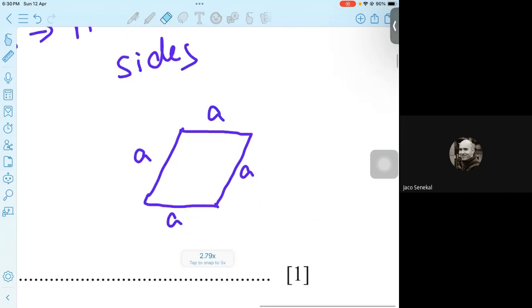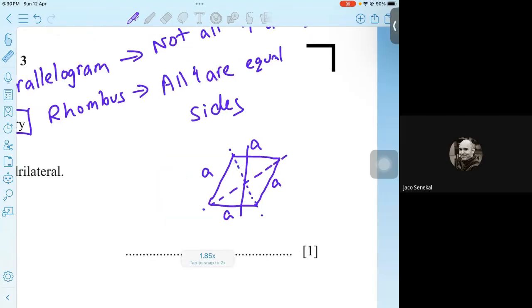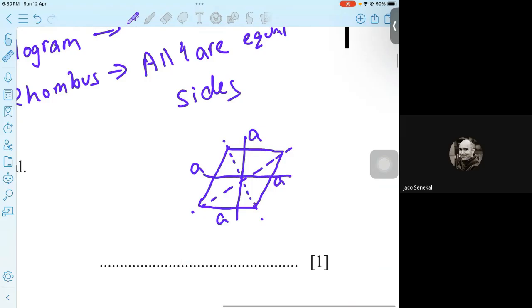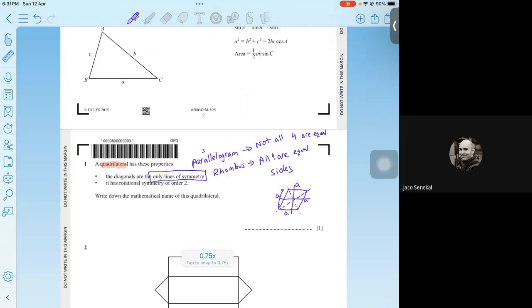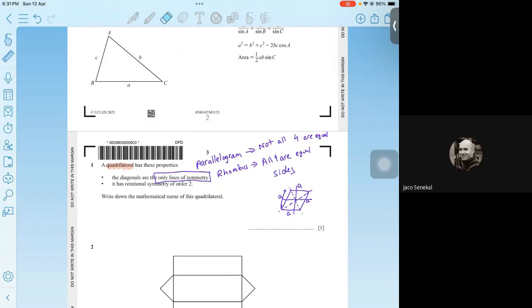However, for a rhombus, if you use this one as a line of symmetry and you fold this, you'll get the exact same shape in return. As well as for this side, if you fold this, you'll get the same shape. At the same time, if you do this axis, you don't get the same shape. As in, if you do a straight one, you don't get a line of symmetry, do you? Similarly, if this side comes to be here, it does not give you a line of symmetry. So there goes the first one. So far, the rhombus just passed this.